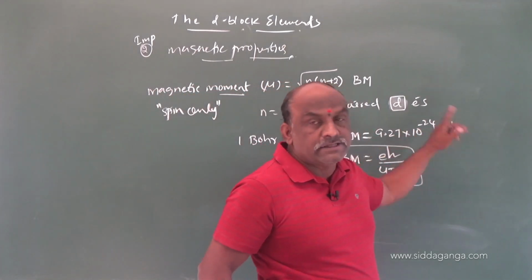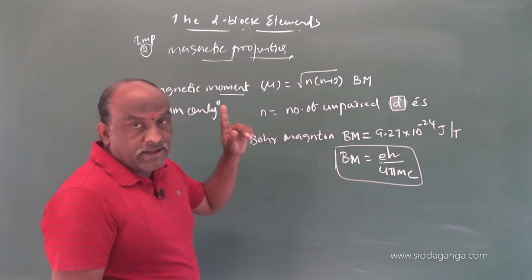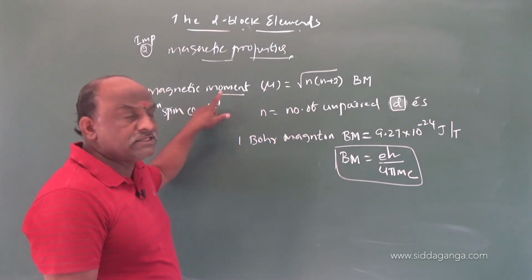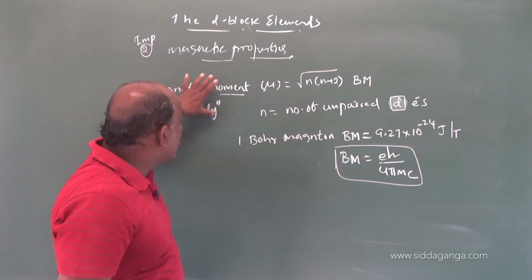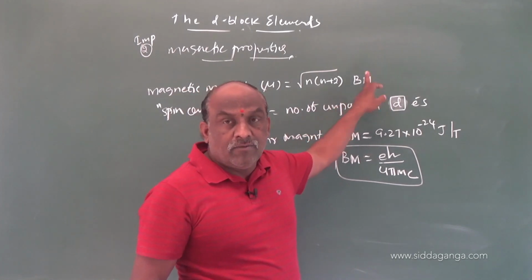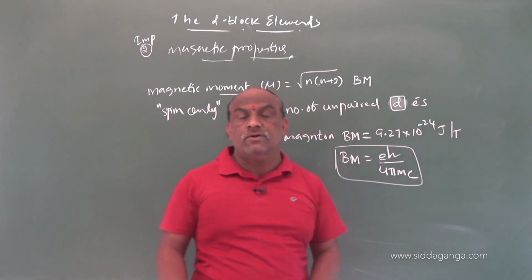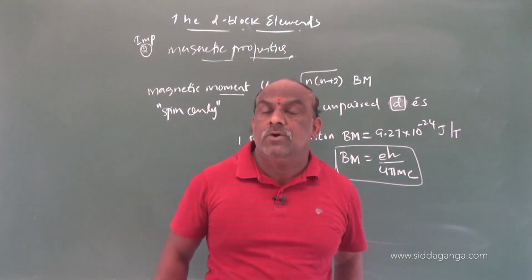Magnetic behavior can be expressed in the form of magnetic moment. That magnetic moment is called spin only magnetic moment. This spin only magnetic moment is measured with respect to the Bohr magneton. One Bohr magneton equals 9.27 into 10 power minus 24 joule per Tesla. And what is the mathematical formula to calculate the Bohr magneton?